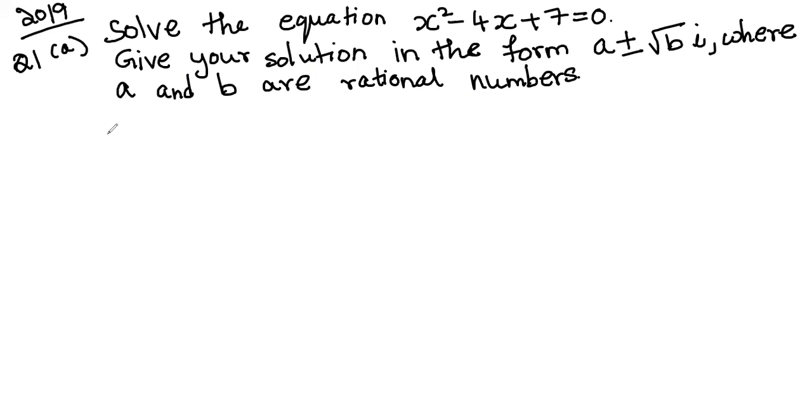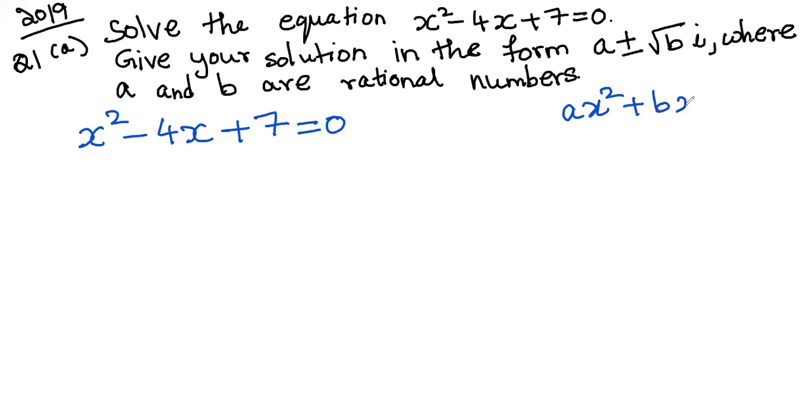So let's solve. We have x squared minus 4x plus 7 equal to 0. So this is of the form ax squared plus bx plus c equal to 0.